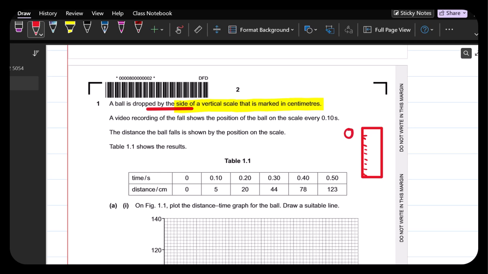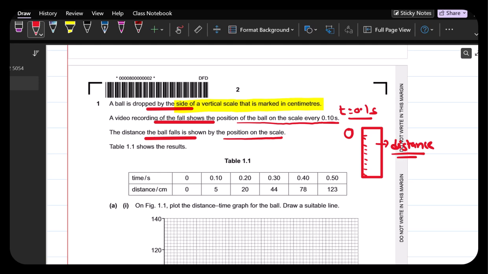A video recording of the fall shows the position of the ball on the scale every 0.1 second. So time is given and the time is 0.1 second. So the distance the ball falls is shown by the position on the scale because a meter rule is used to measure distance.